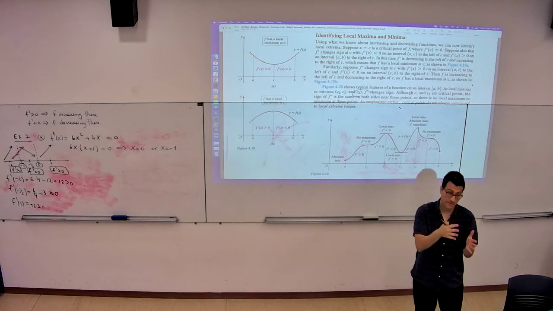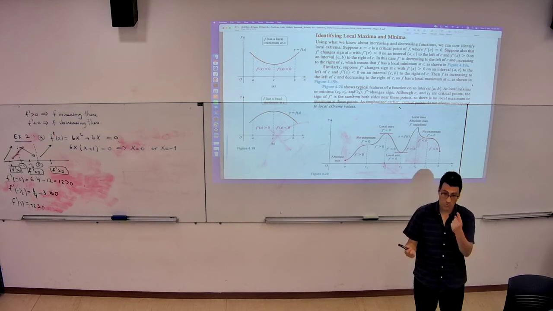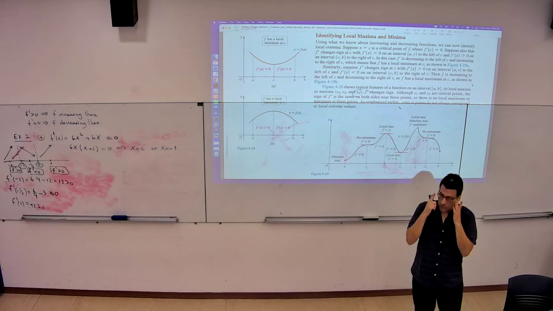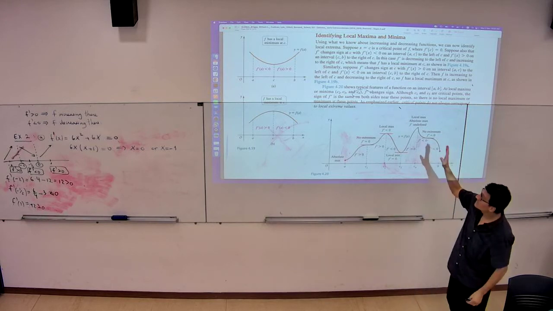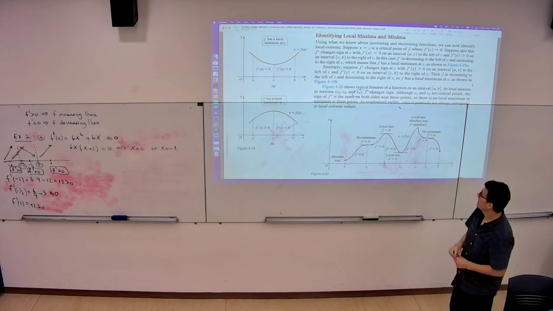You compare the values and choose the min and the max. There may be more than one minimum, more than one maximum as well. Okay? But those are global. So how do we identify local extreme points now?